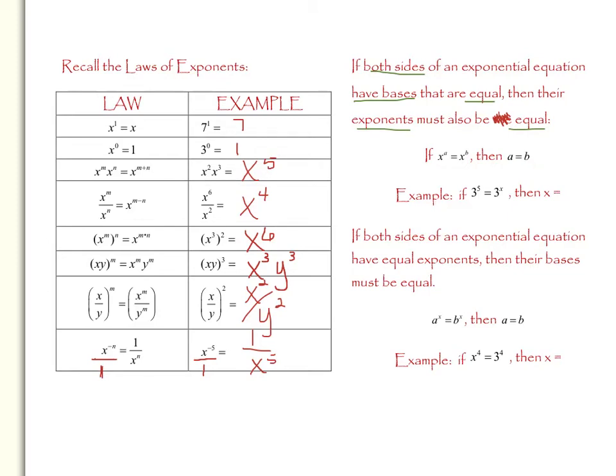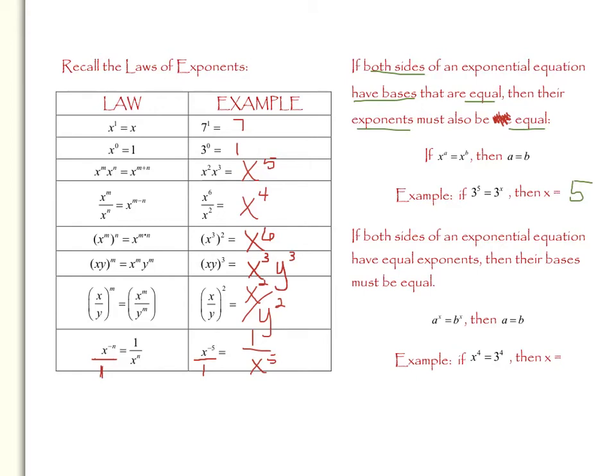What this means is if the two bases in the equation are the same, then their exponents have to be equal to each other. So let's look at the example. If 3 to the fifth power equals 3 to the x power, then x would equal what? Well, it would equal 5. Because 3 to the 5th power equals 3 to the 5th power.